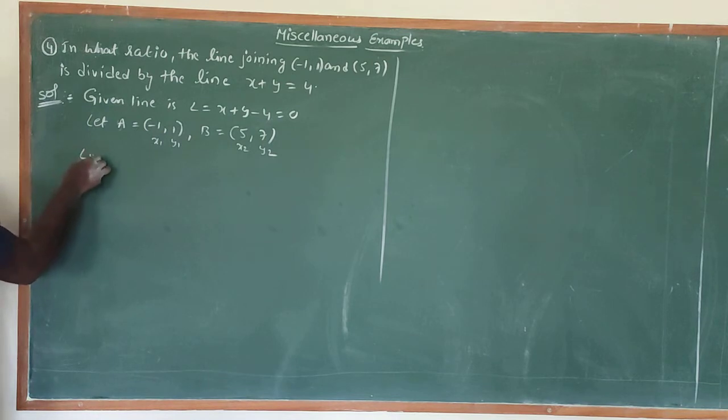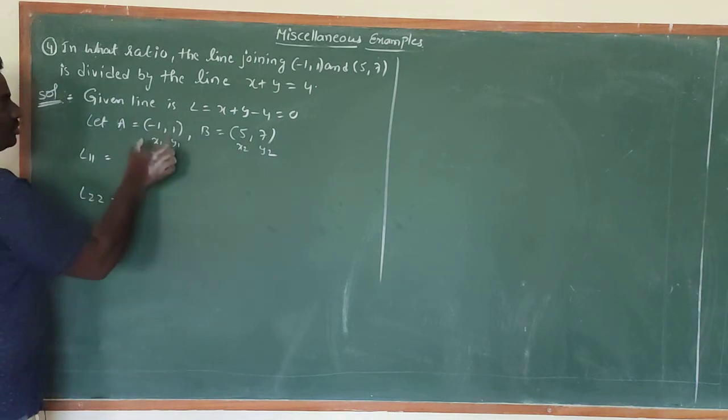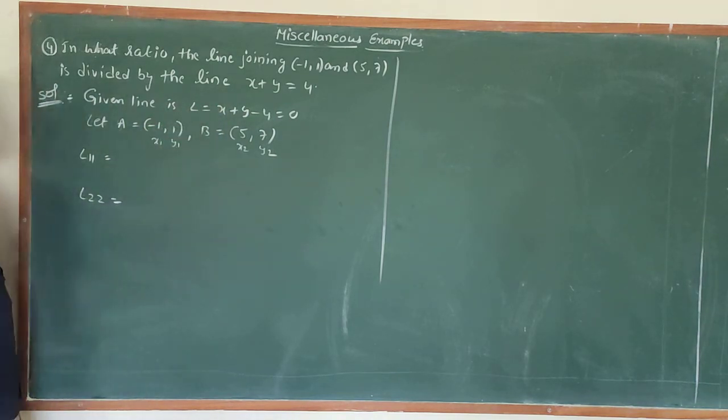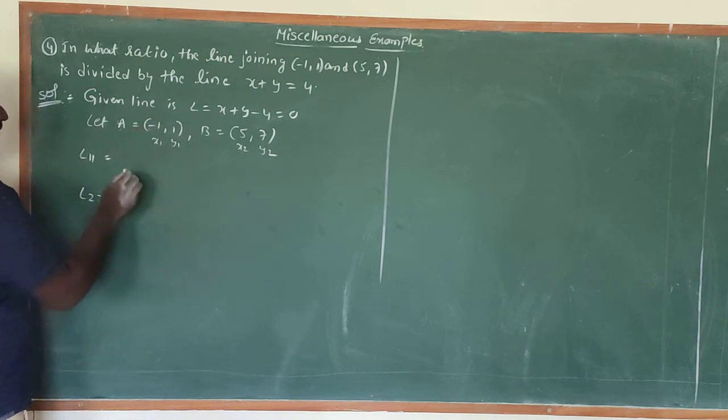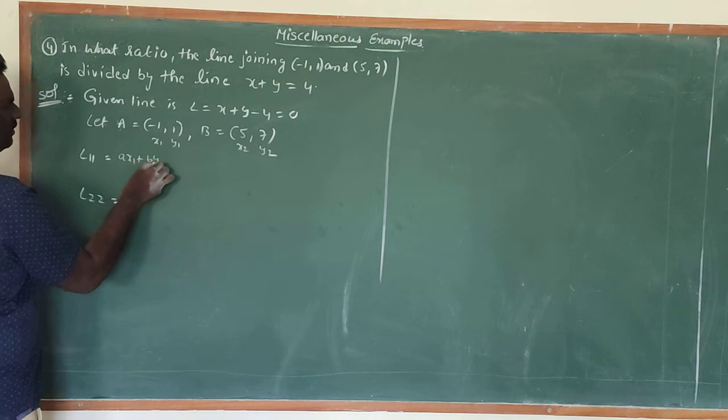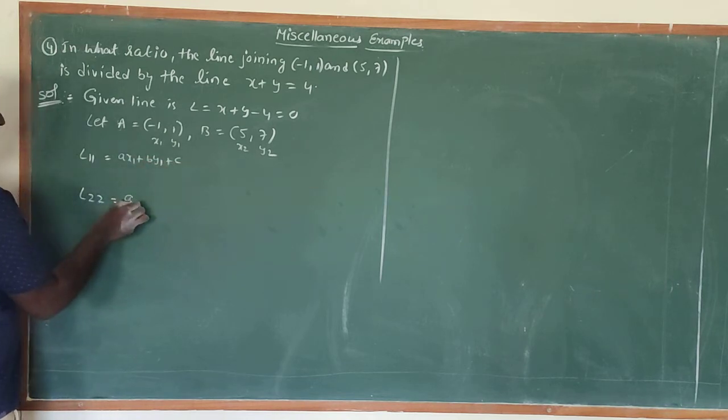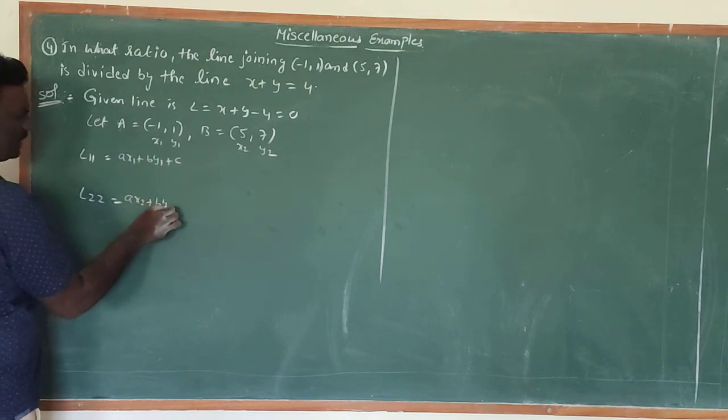First I am finding L11, next I am finding L22. What is L11? The value which is obtained by substituting the first point in this equation, x value, y value. Now ax1 plus by1 plus c, ax2 plus by2 plus c.